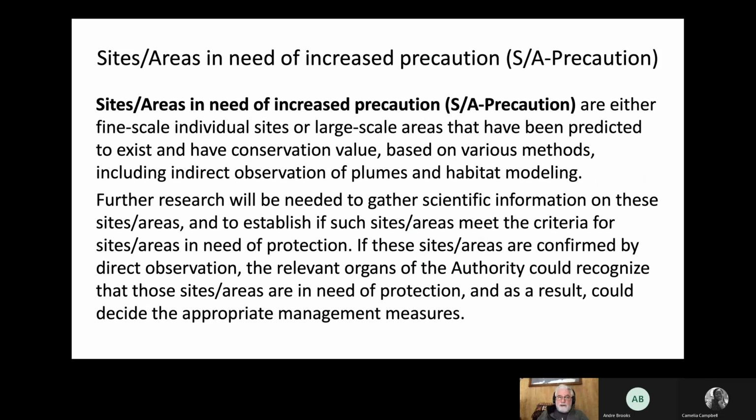For sites in need of precaution, they're either fine-scale individual sites or larger areas that have been predicted to exist or are believed to potentially exist in areas. These were areas where there was not observation data to support them, but there were areas where caution should be applied.